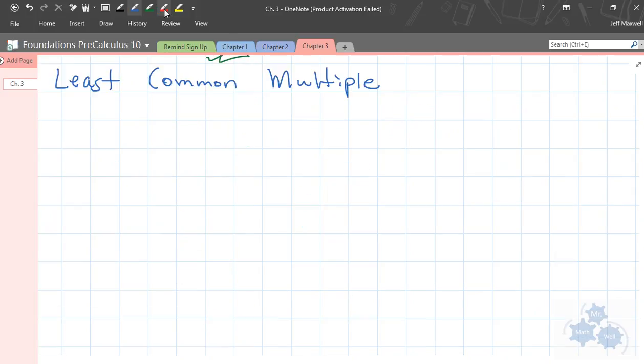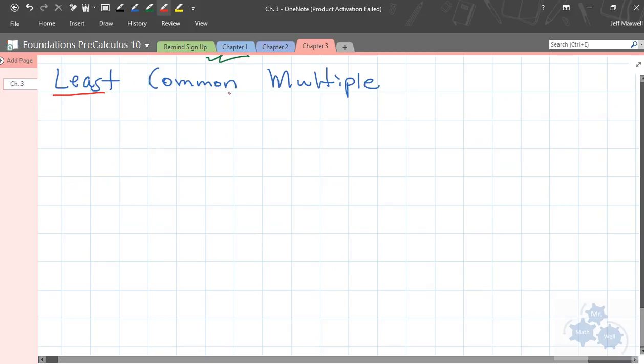I also want to teach you today about finding the least common multiple. Now, a multiple is basically a multiple of a number. Let's say multiples of 2. Well, that would be 2 times 1. Another multiple would be 2 times 2. Another multiple would be 2 times 3.